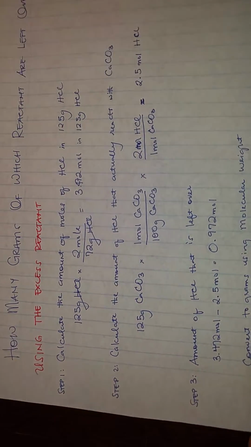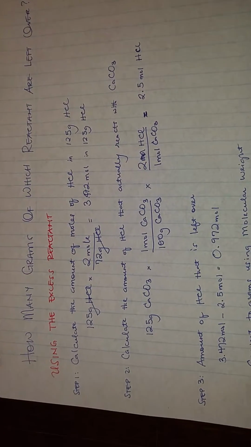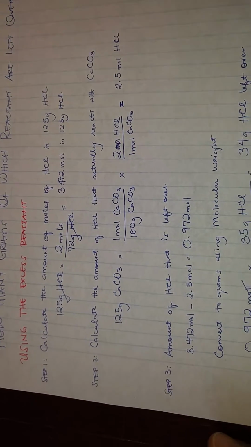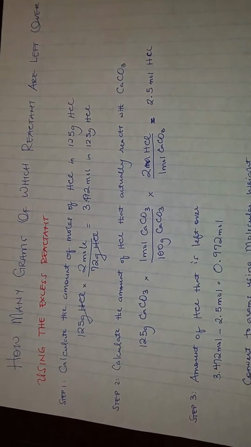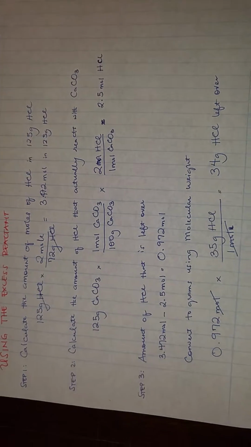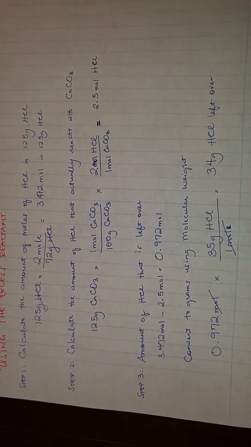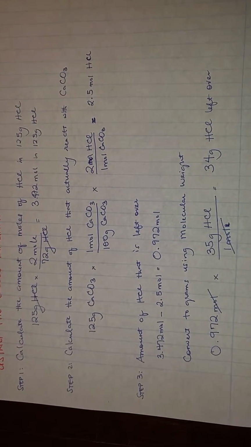As you can see, we calculate the amount of moles of hydrochloric acid in the reaction. In 125 grams of hydrochloric acid, you convert it into moles, you get 3.472 moles. The second step is to calculate the amount of hydrochloric acid that actually reacts with calcium carbonate in the reaction.